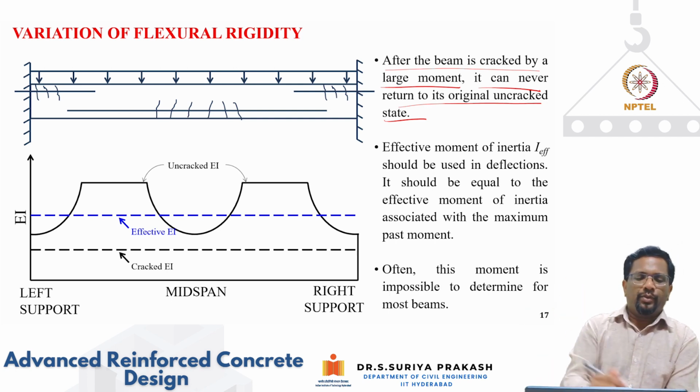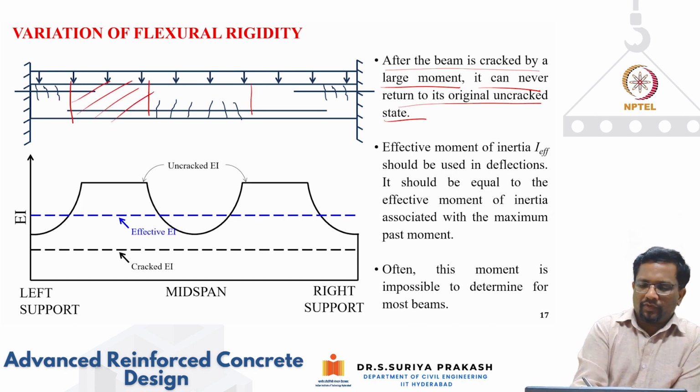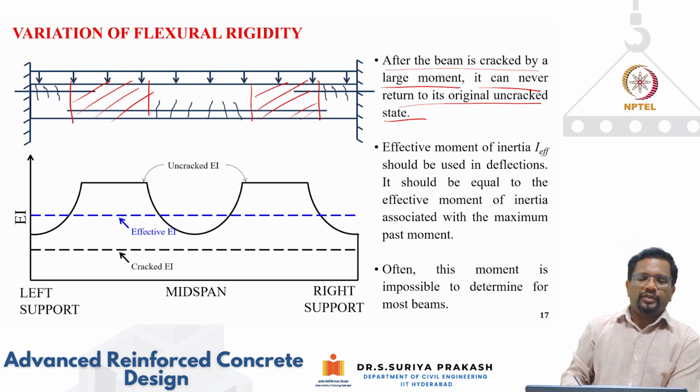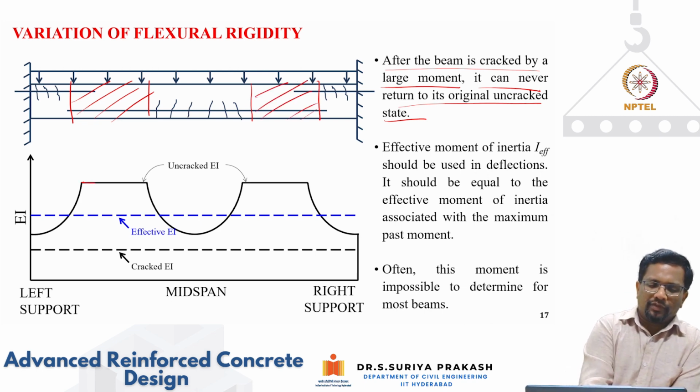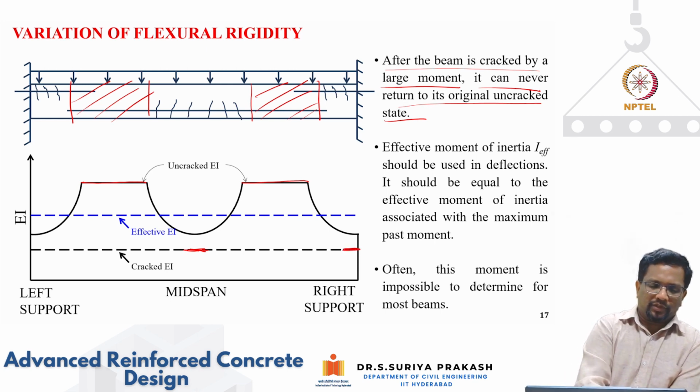But in a beam, we know that there are regions that are uncracked. For example, this region is uncracked, this region is uncracked. So at these locations, you will have the uncracked flexural rigidity. When you have a lot of cracks at this location, you will have the cracked flexural rigidity at this location, this location, and this location.